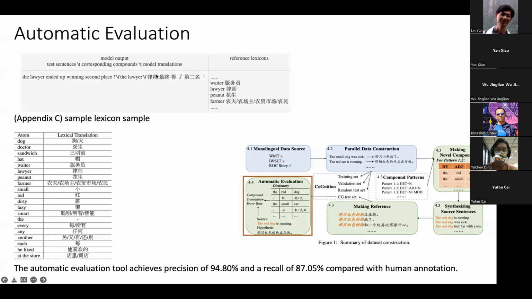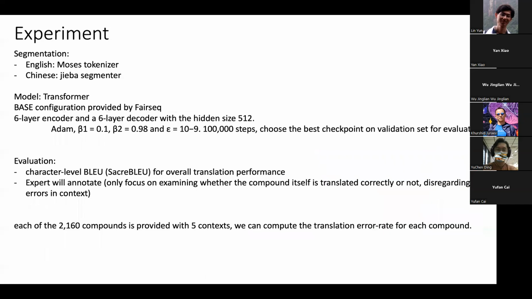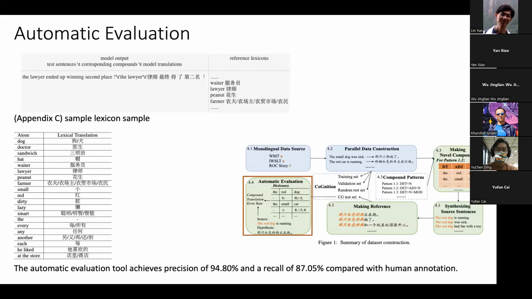Evaluation is just whether the compound matches the lexicons here. So they're checking. So here there must be a model, right? There must be a model which is able to translate the lawyer into a Chinese version. Yes. So the point is we are talking about the approach. What does this automatic evaluation mean?